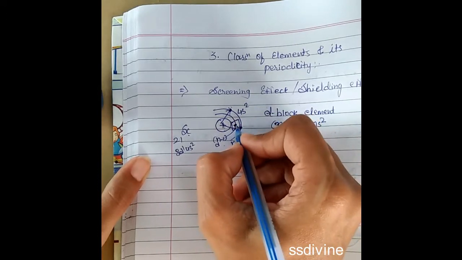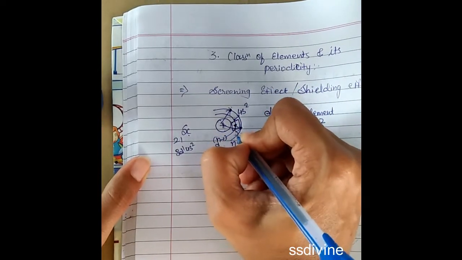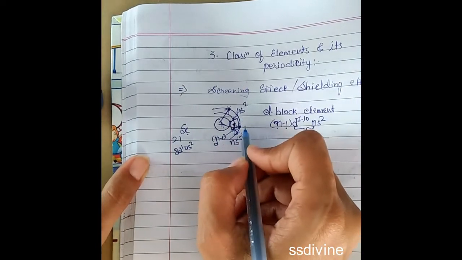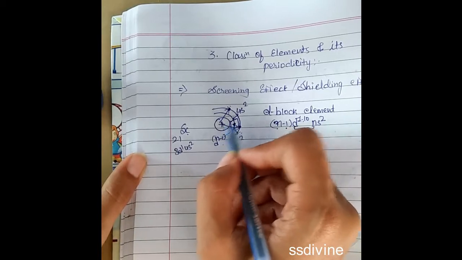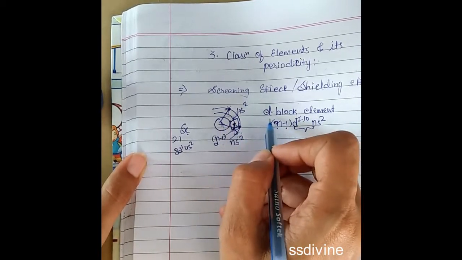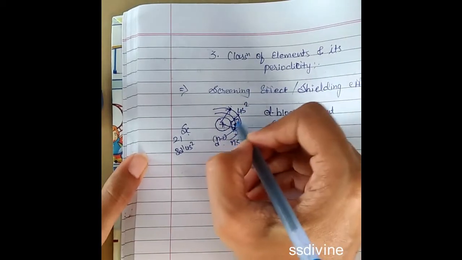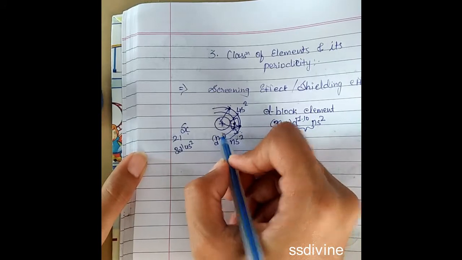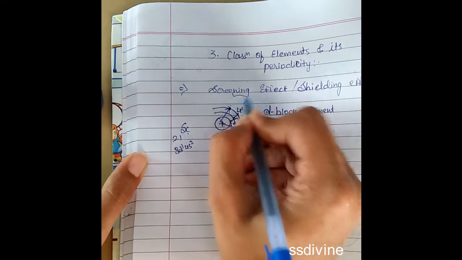So what these electrons will do is they will repel this electron. The inner shell electron will repel the outer shell electron, just because they do not want the concentration to be divided among the different electrons. This repulsion of the outer shell electron by the inner shell electron is known as screening effect.